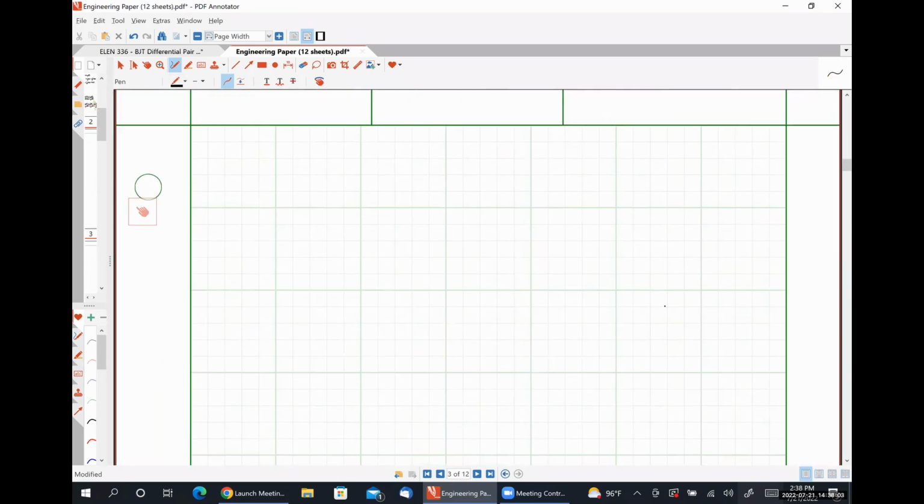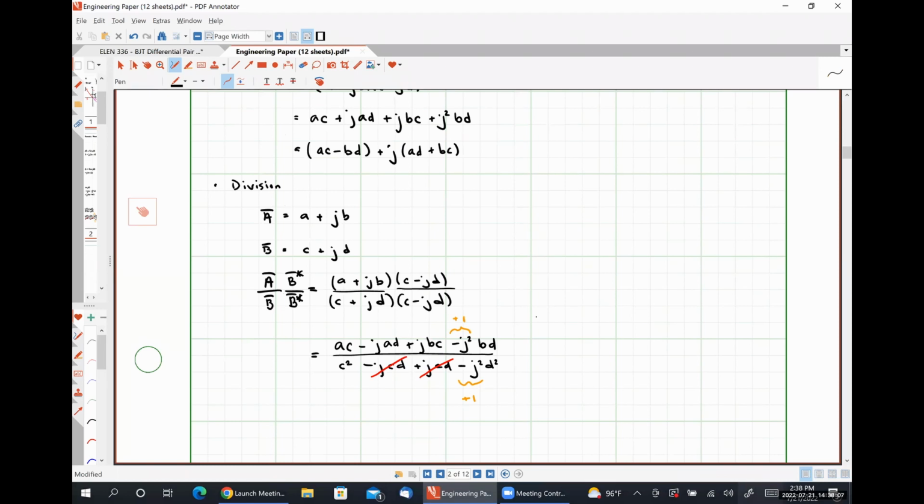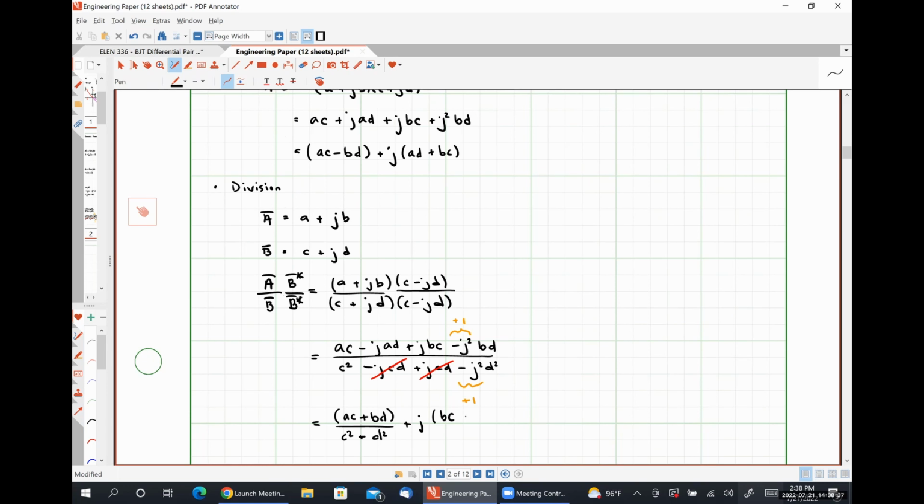And so what we get, and I'm running out of room here, bear with me, is going to be AC plus BD over C squared plus D squared, plus J times BC minus AD over C squared plus D squared, so that we now have a rectangular form complex number with a well-defined real part and a well-defined imaginary part.